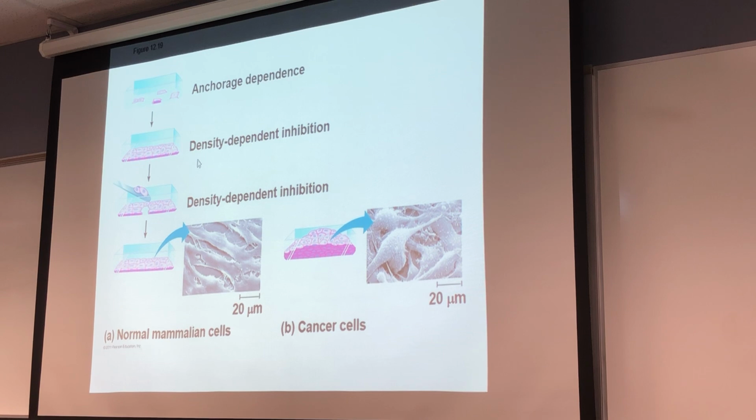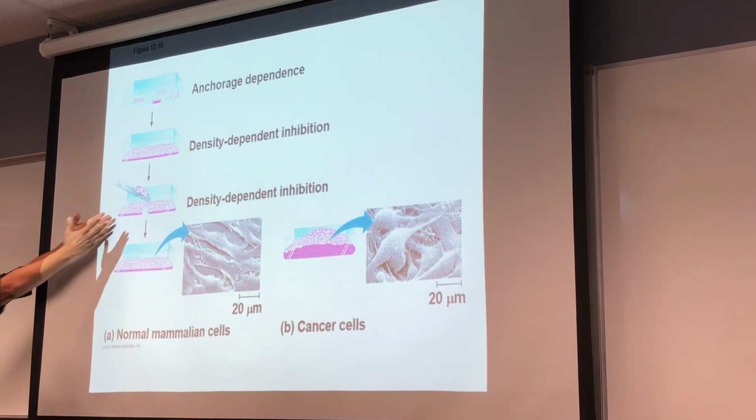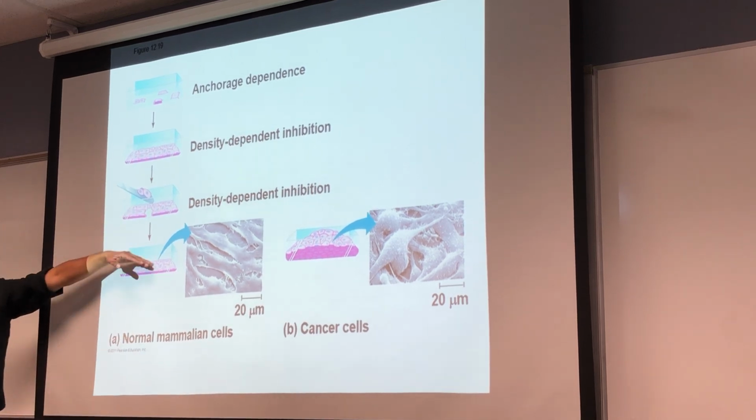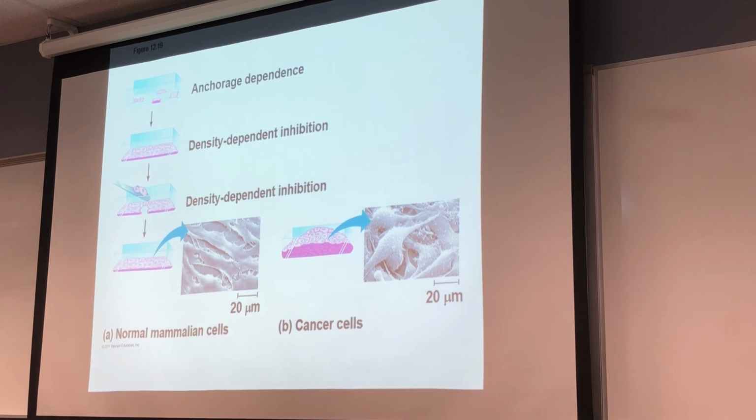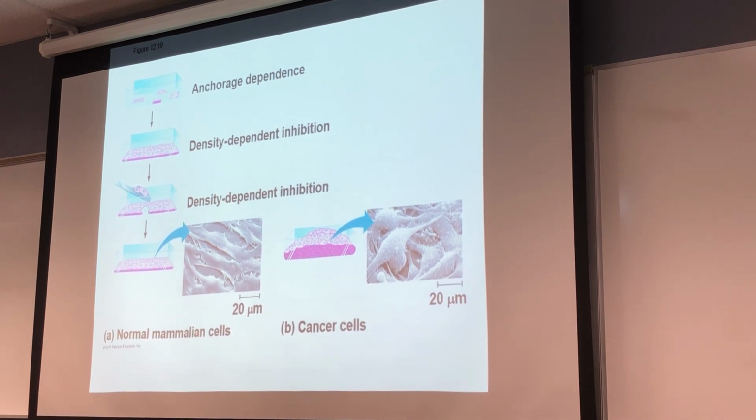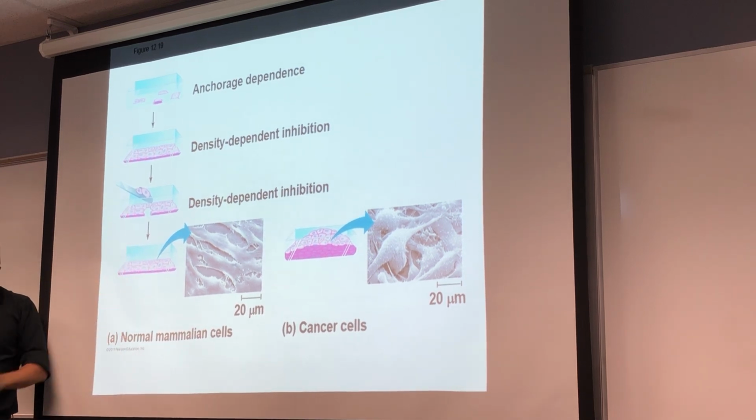And they also exhibit density-dependent inhibition. In other words, once they cover the whole surface, there is no more place to grow, and they will stop dividing. But if you remove some of the cells and clear some space, now there is more space for them to grow, so they will continue to grow and divide. Density-dependent inhibition, right?